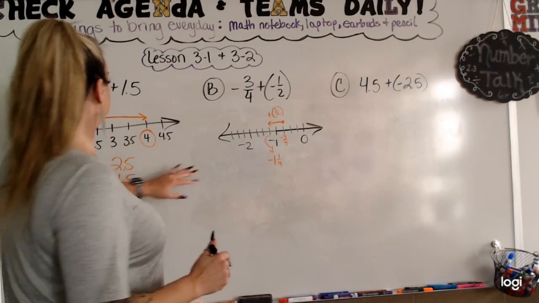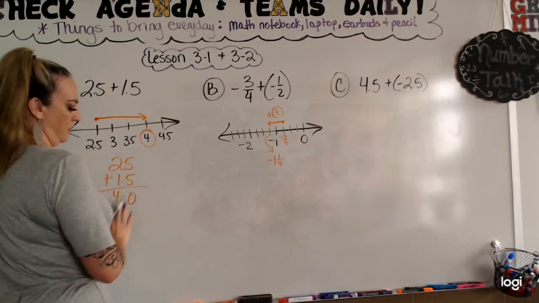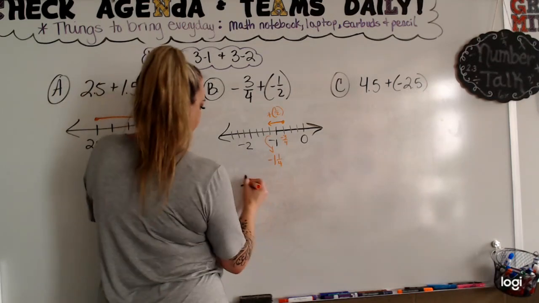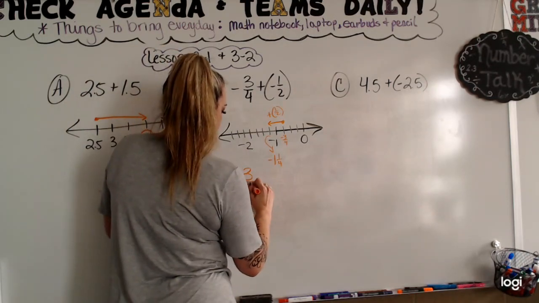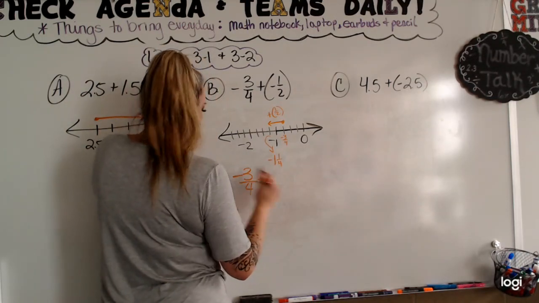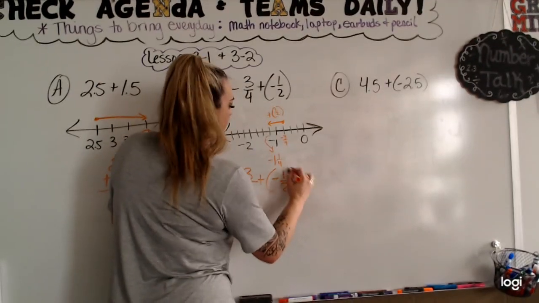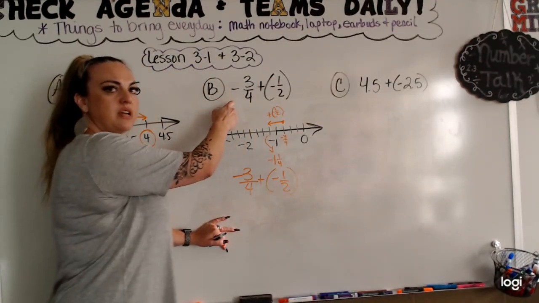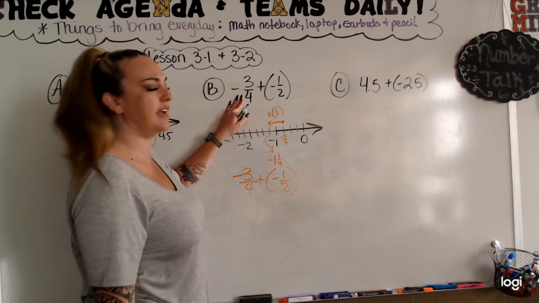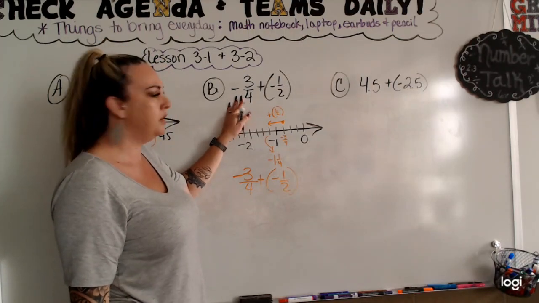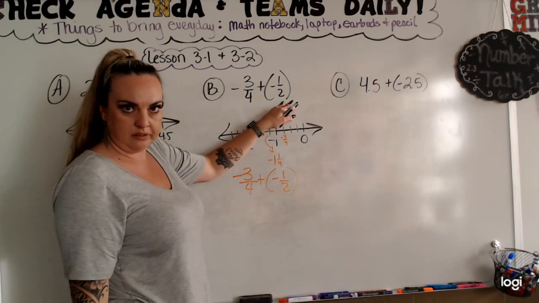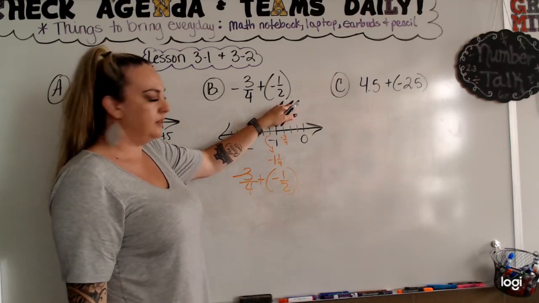Okay, now let's solve that again with the algorithm. By the way, notice that I am not converting these fractions to decimals. I'm not changing this to negative 75 hundredths or negative 55 tenths. I'm not doing that, okay?